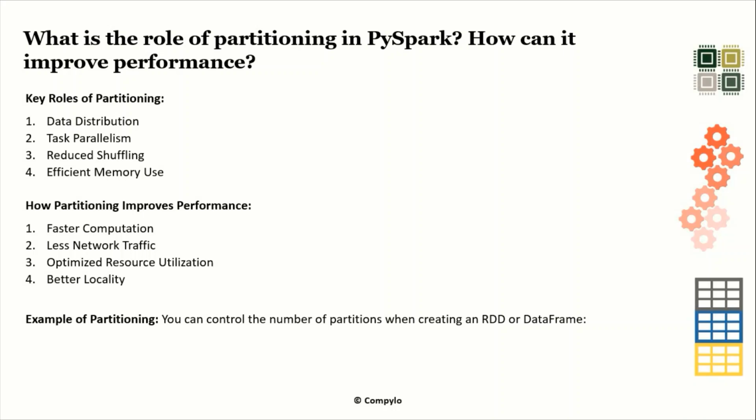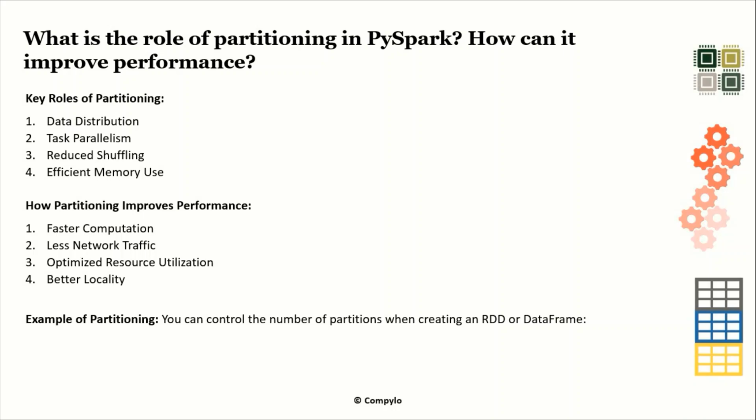Second role is task parallelism. By dividing data into multiple partitions, PySpark enables parallel processing. Each partition can be processed simultaneously by different executors, leading to better utilization of resources and faster execution.